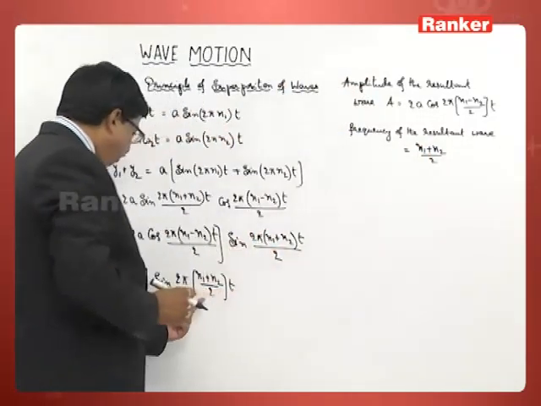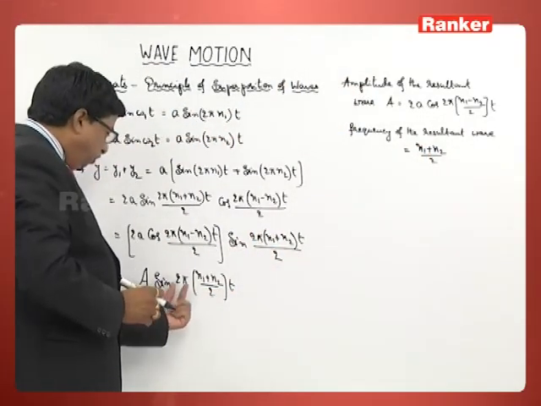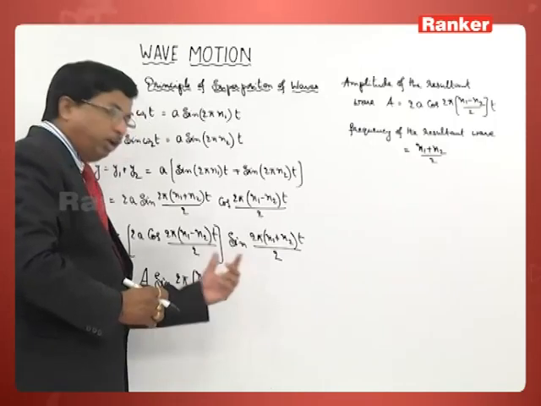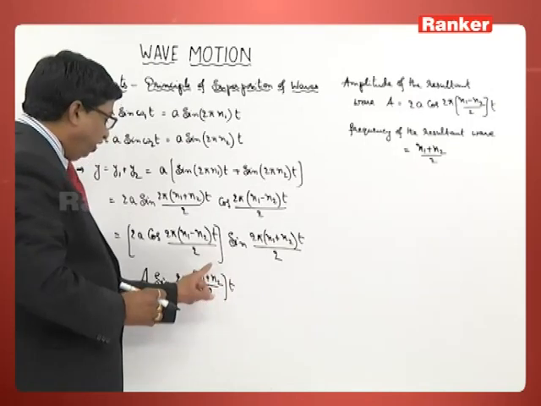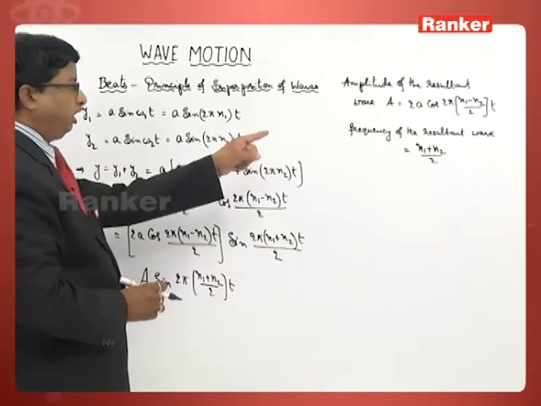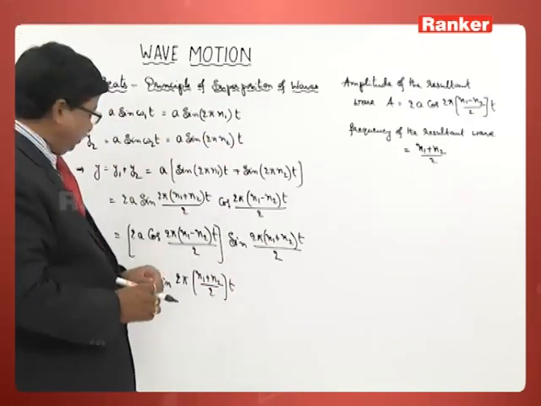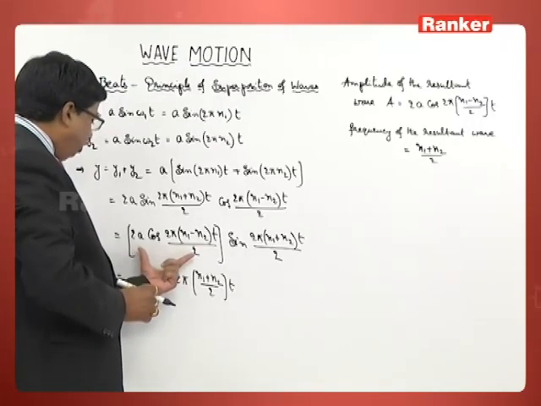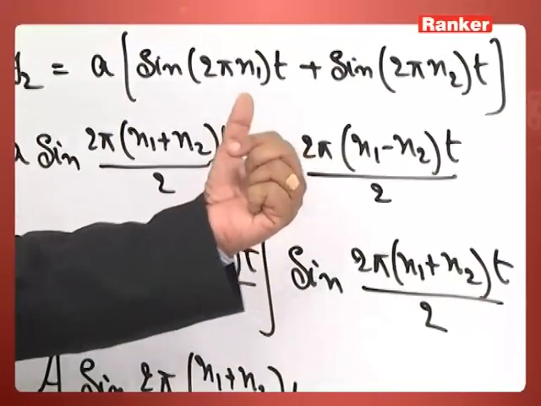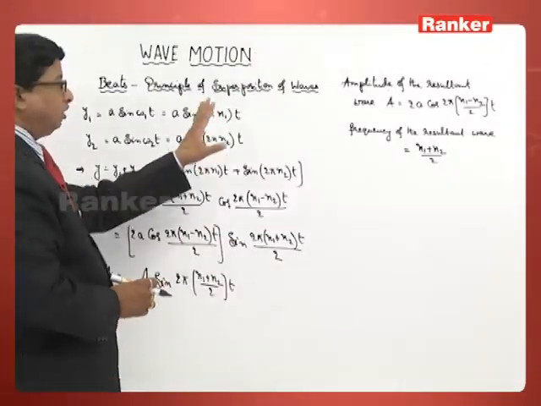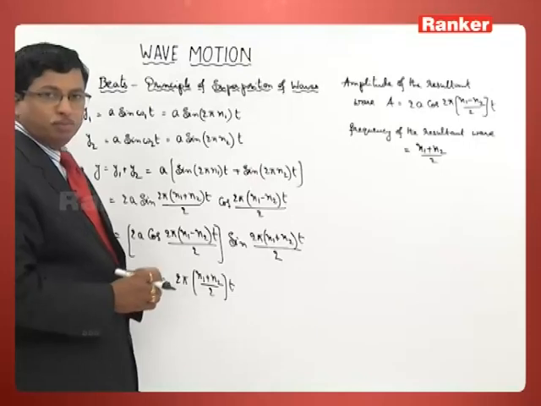If you look at this equation, A sin 2 pi n into t, that is the basic equation. This n1 plus n2 by 2 stands for the frequency of the resultant wave. And this A, which is equivalent to 2A cos 2 pi into n1 minus n2 by 2 into t, gives us the amplitude of the resultant wave.